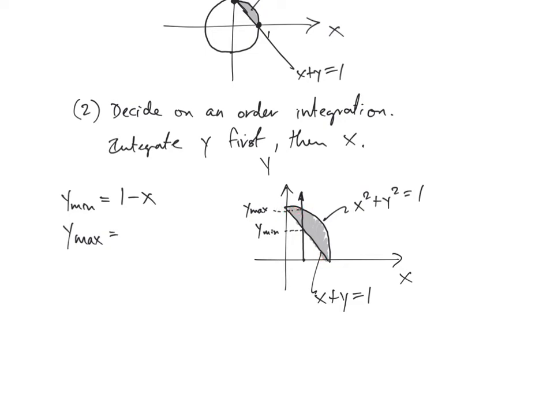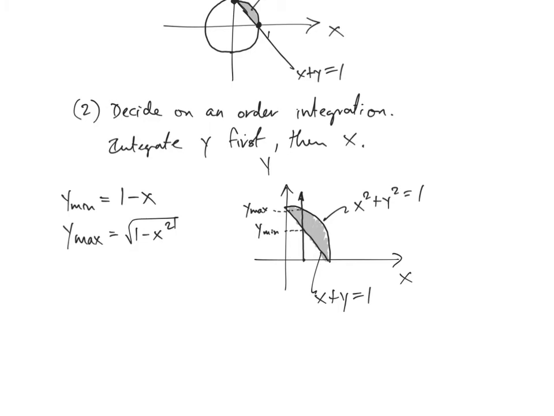That also is going to depend on what x value I choose to hold fixed, right? So y max will also be a function of x. And it's going to be described by this. So in this case, y is going to be equal to the square root of 1 minus x squared, right? So y max is going to be the square root of 1 minus x squared.